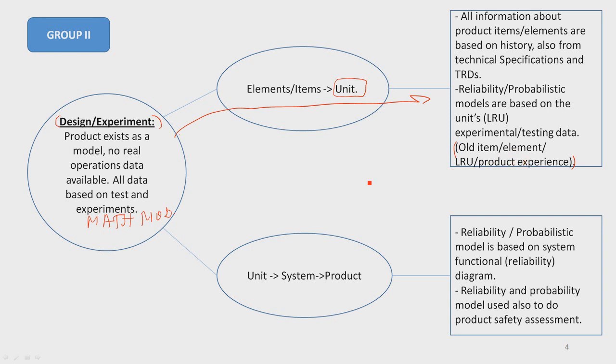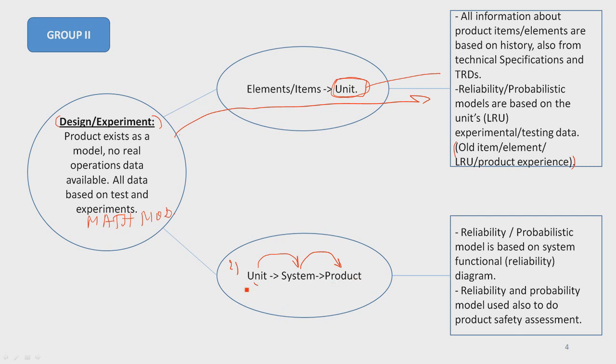Okay. Item 2 in group 2, right? We have a unit. Now we build the unit. Everything is okay. Everything is based on TRD, right? So now we are taking this unit and inserting it into the system, right? And from the system, we are integrating into the product.